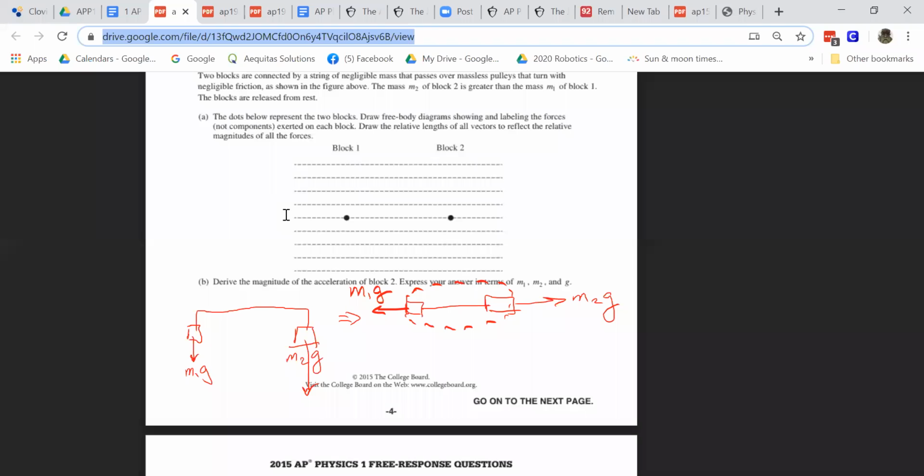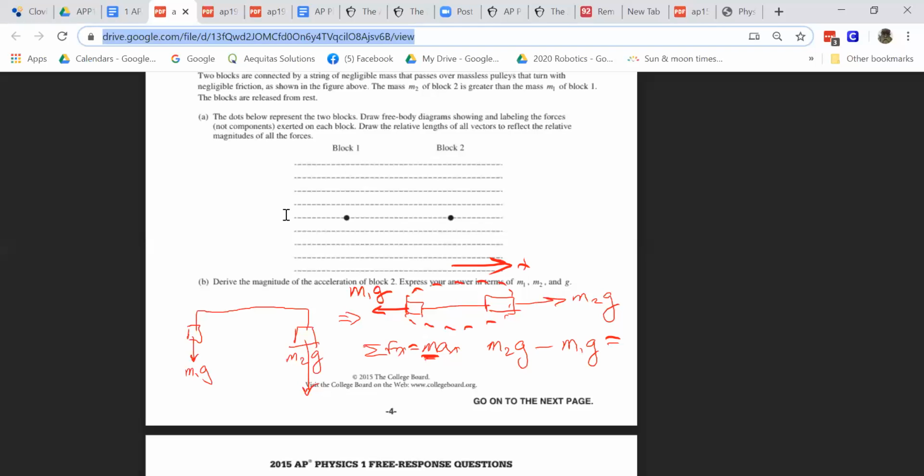And if I sum the forces in the x direction equals ma in the x, and I'm going to make this the positive direction since it's going to accelerate to the right in my little pretend drawing. So let's do that. Here we've got m2 times g minus m1 times g equals ma. But what is this?